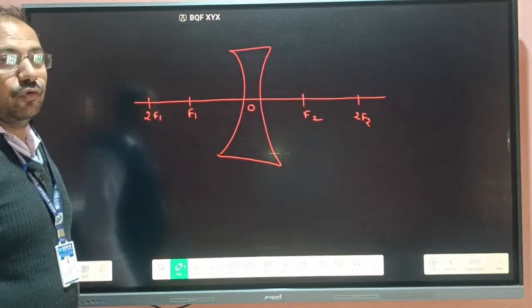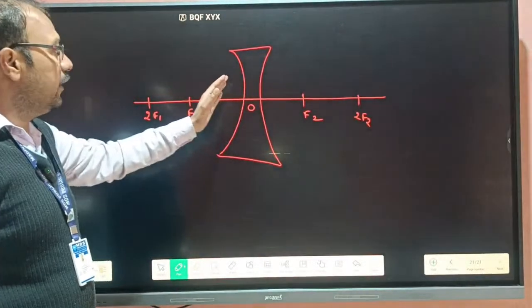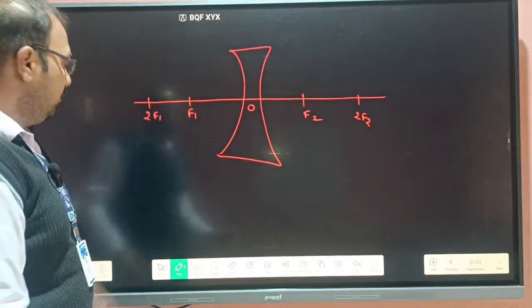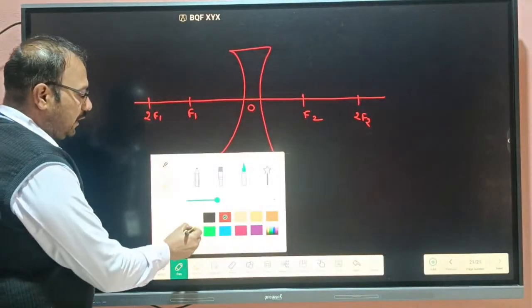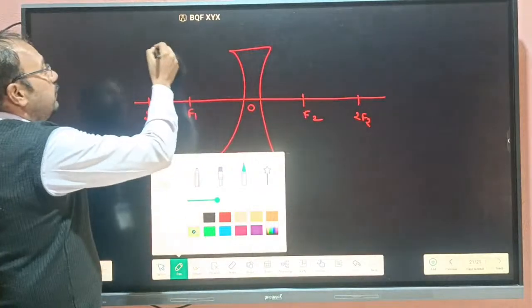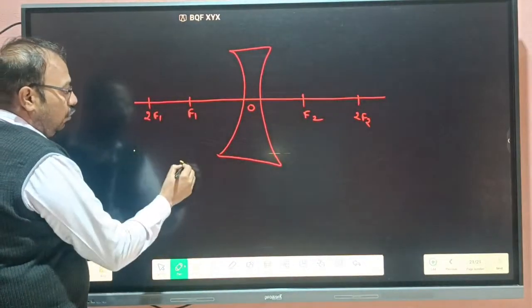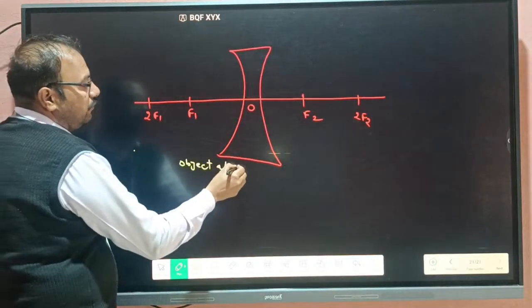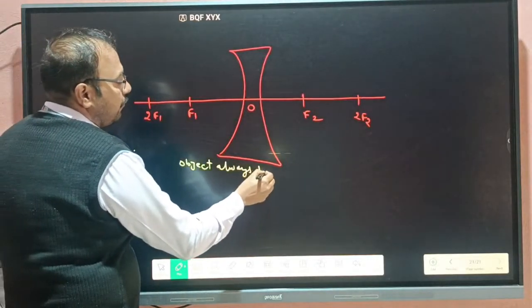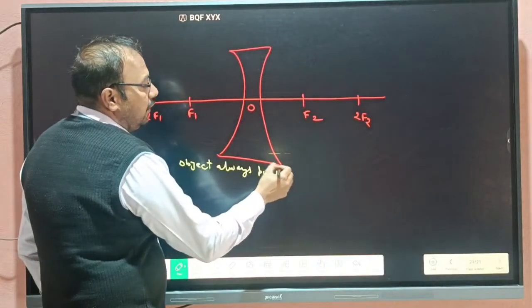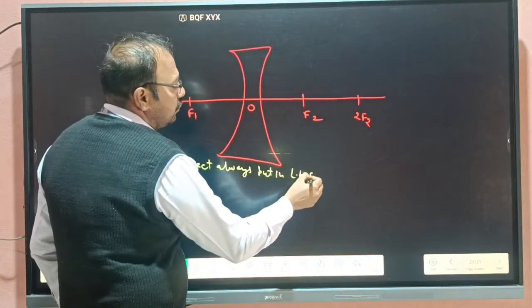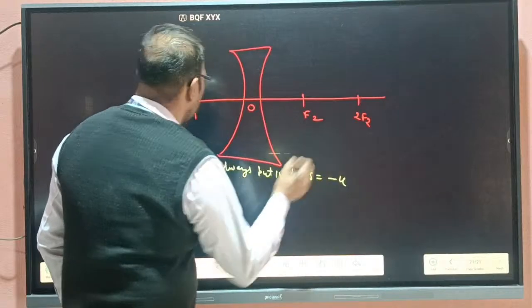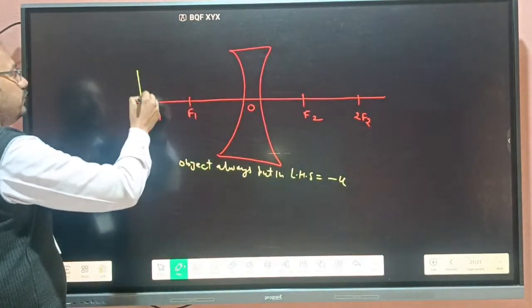So here, first of all, where is the object always put? On the left hand side. So the object distance is always negative. The object is always put on the left hand side, so U is always negative. For example, we put the object here.